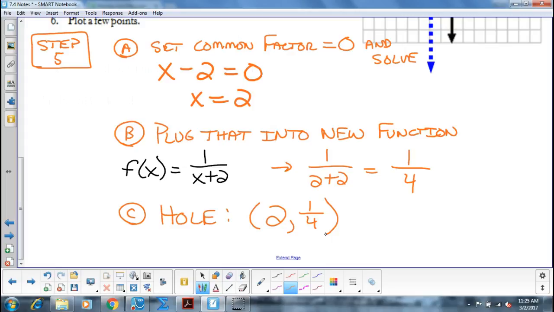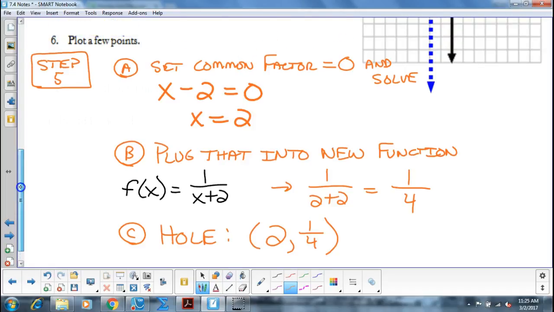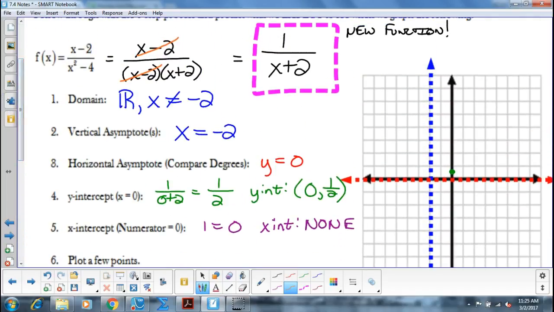So literally, on your graph, at the point (2, 1/4), you are going to put a hole. You're going to put an open dot, and that open dot cannot be filled in. Your function will go up to it, but you're not going to draw through that dot.